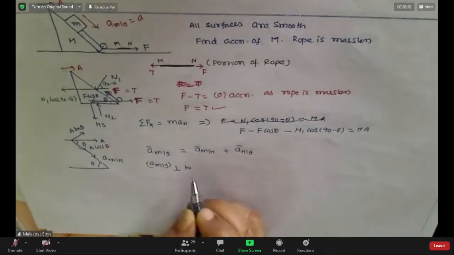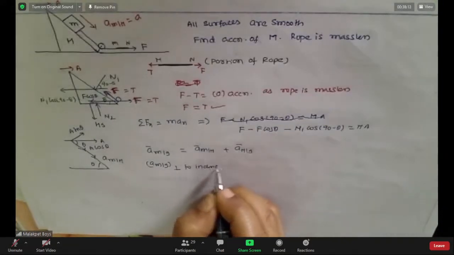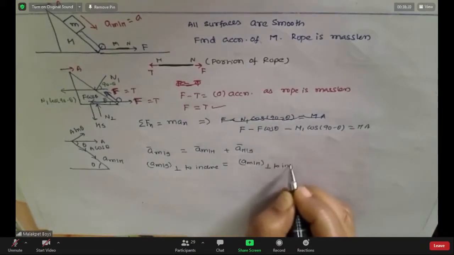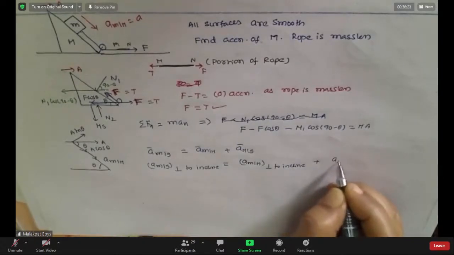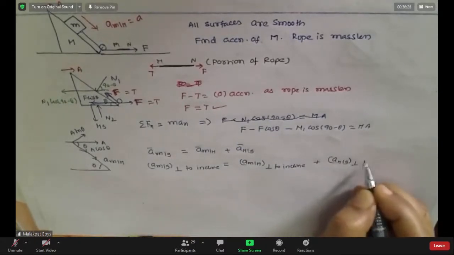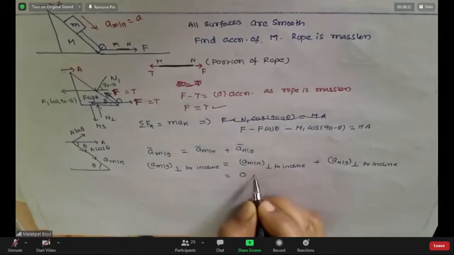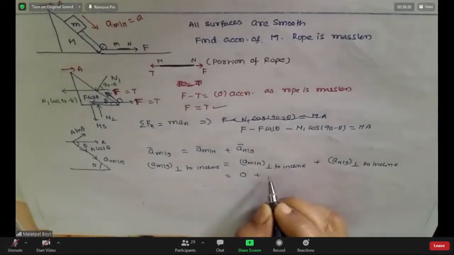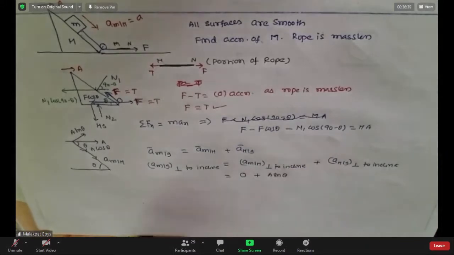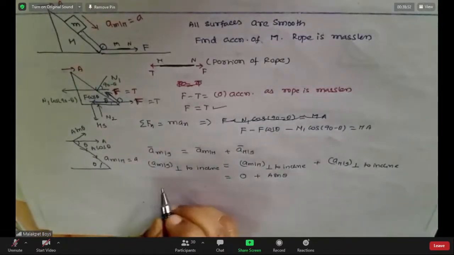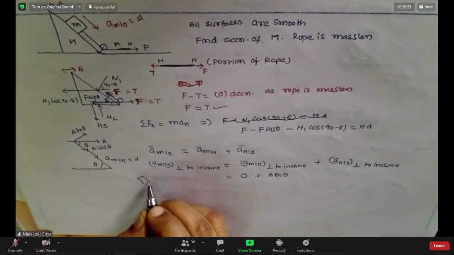Perpendicular to the incline is the acceleration of small m with respect to capital M. This is nothing but 0. Do you agree with this? Clear or not?